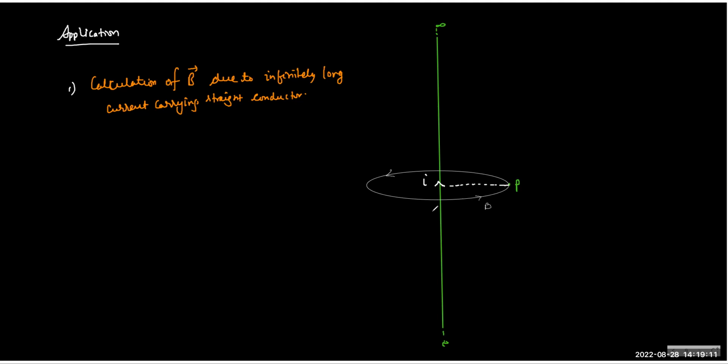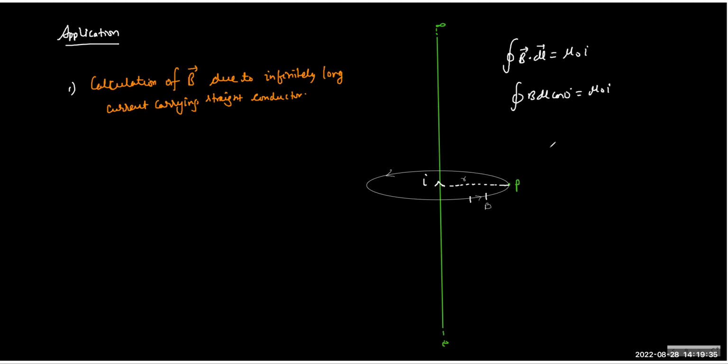If R is the distance, what can you write here? B dot dl equals mu naught into I. Now you take any element and you can clearly see B and dl are parallel, so this will become B dl cos 0.